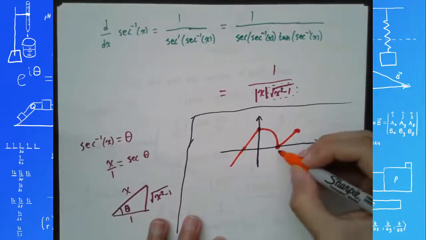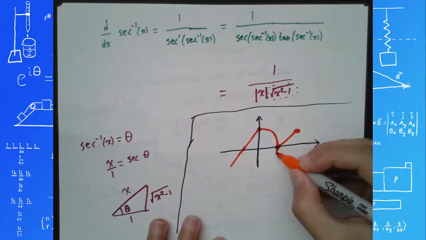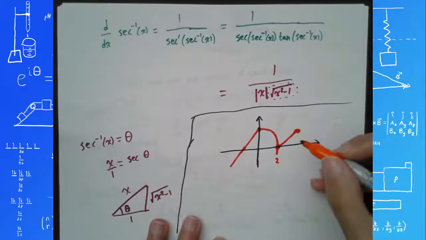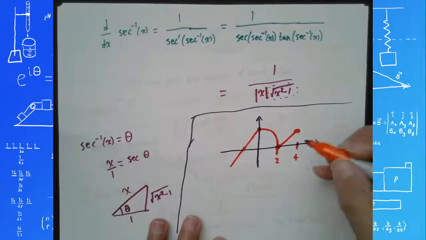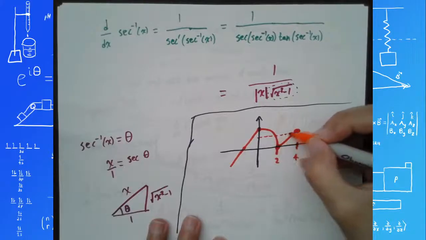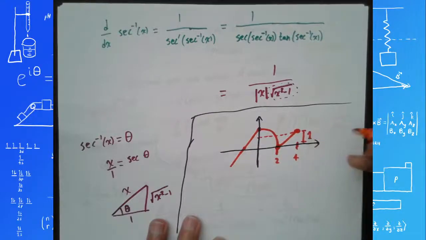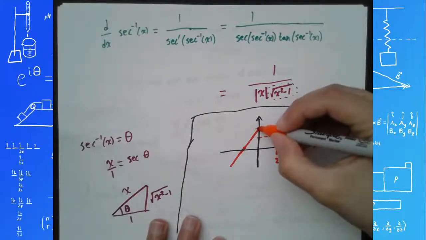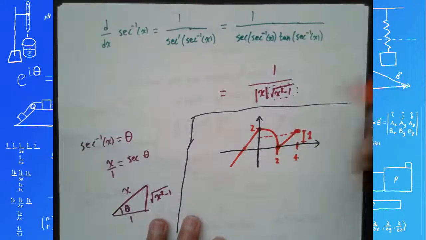Let's say this is at x equals 2. So if that's 2, then we can say that's at 4. And we can say that is at y equals 1. We'll say this is at 2, it would have to be if this is a circular piece.